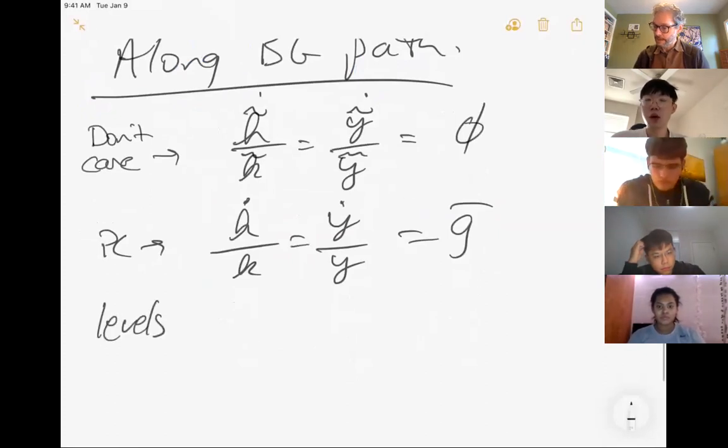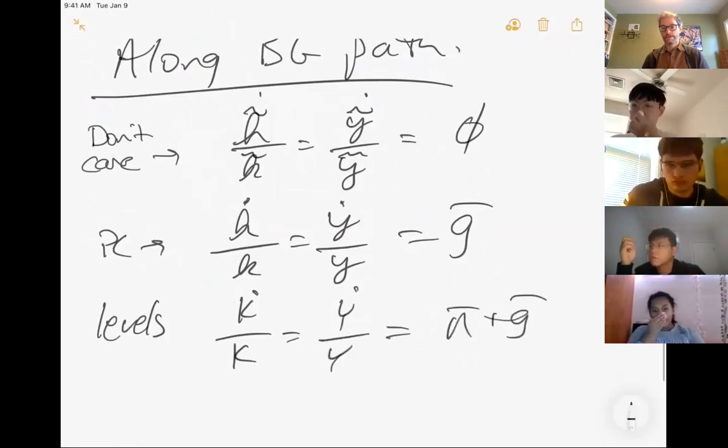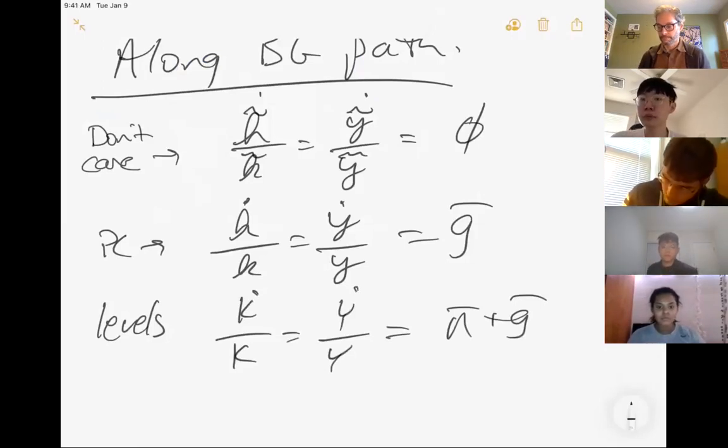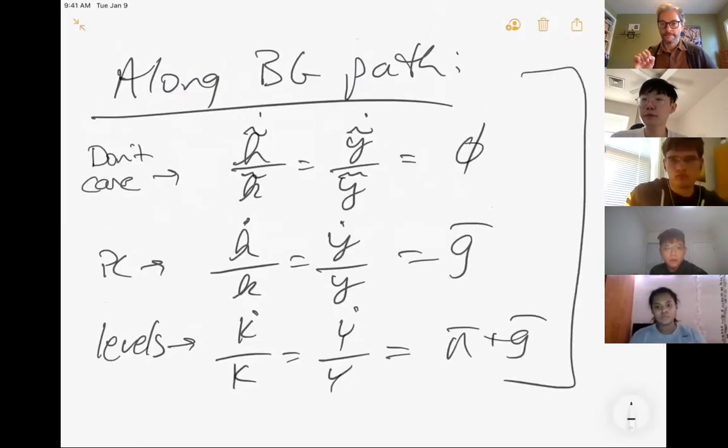And then finally, what about just the levels of output? They're growing at the rate of N plus G. So if this doesn't make sense to you, you need to spend some time thinking about it this afternoon.